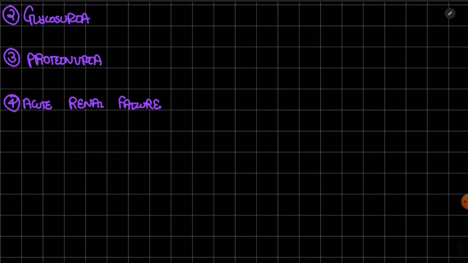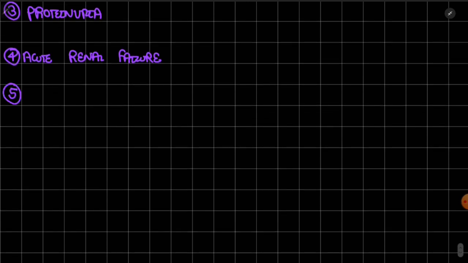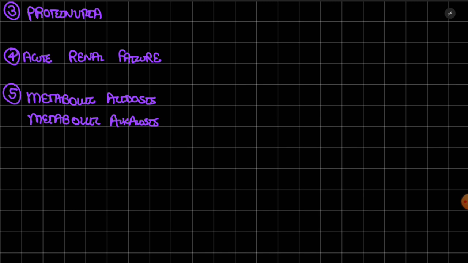Coming to the most important applied aspects, metabolic acidosis, along with the other applied aspects, metabolic alkalosis. We have studied that metabolic acidosis is a decrease in HCO3 minus concentration, and metabolic alkalosis is an increase in HCO3 minus concentration in the body.